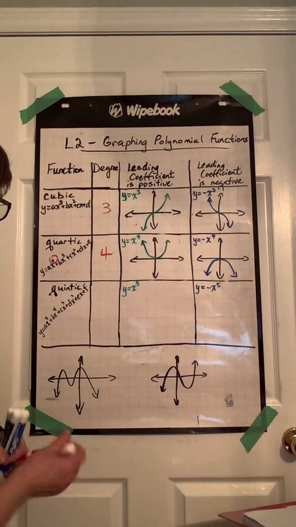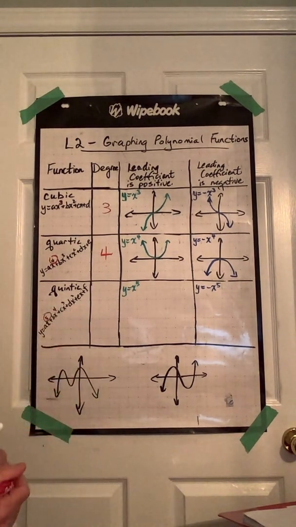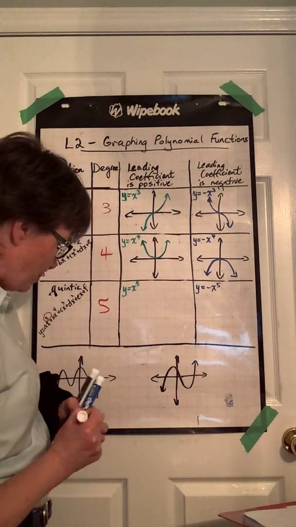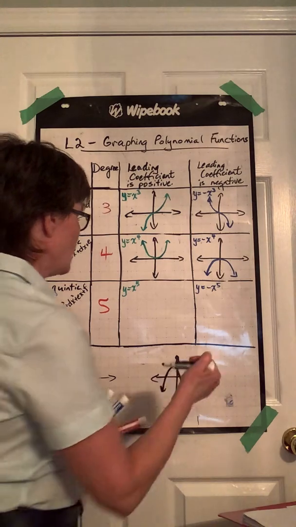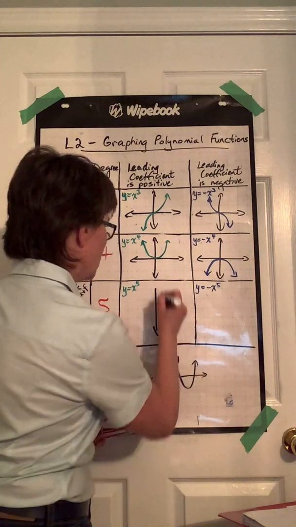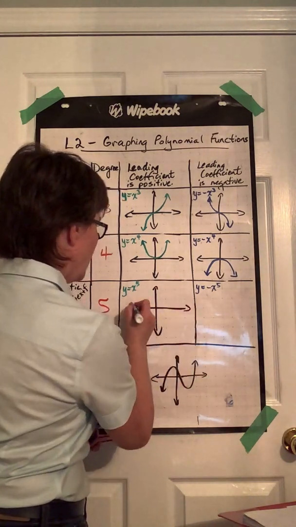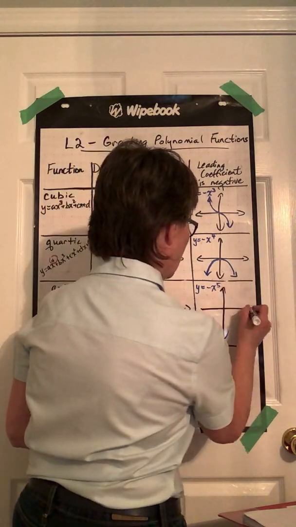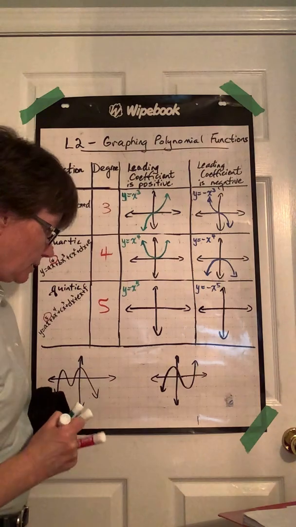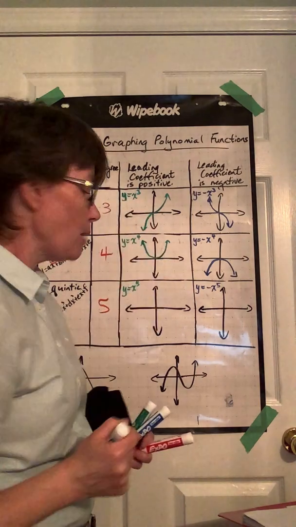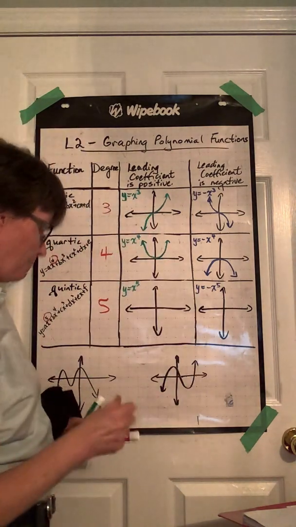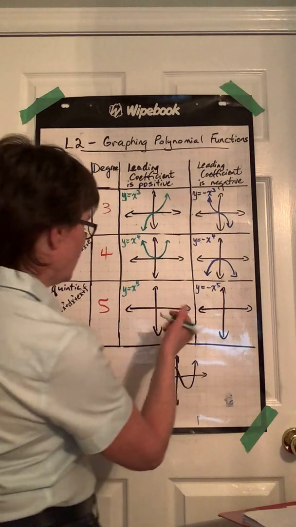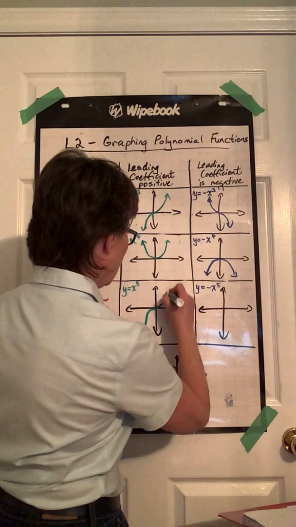All right, let's look at the quintic function. The highest exponent is 5. So you probably guessed the pattern that is happening here. We have 2 grids. The power of 5 is an odd power. So these functions are going to either start down and end up, or start up and end down. And if the leading coefficient is positive, then we're going to start down and end up.